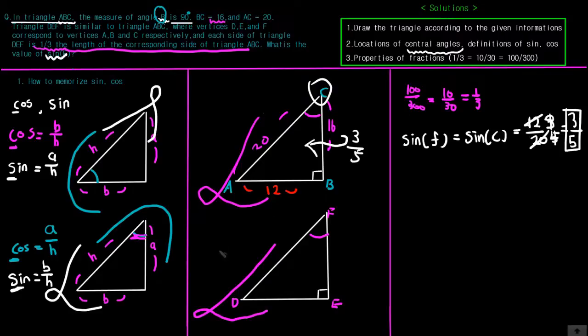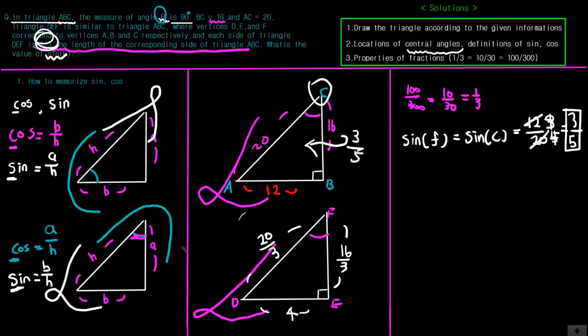And we know that the hypotenuse is 20, but we're dividing by 3, which means it's going to be 20 over 3. This line is going to be 16 over 3 because we're dividing by 3. And we know the value of 12 divided by 3 is just 4. And I'm proving why these are the same.